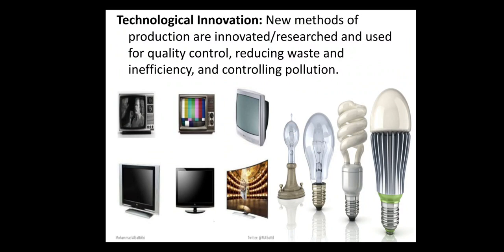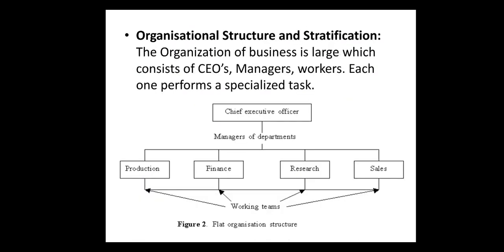R&D stands for research and development. Why? In order to produce new, more efficient, better products. That is called technological innovation. That is another characteristic of modern manufacturing large scale industries. The last characteristic of modern manufacturing large scale industry is organizational structure and stratification.